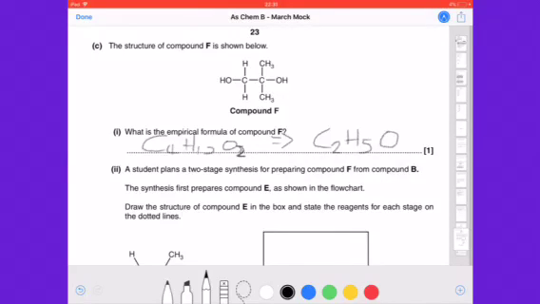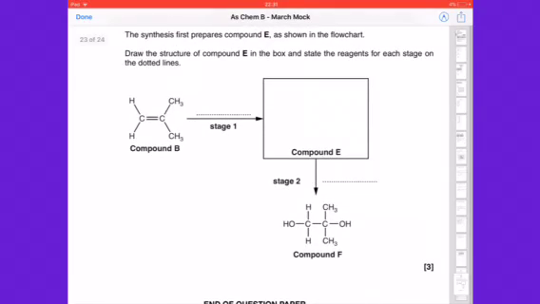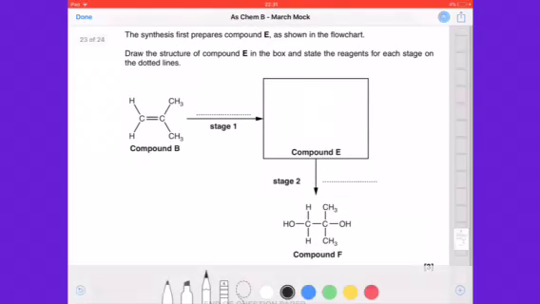And last question. To convert your compound B through stage 1, to get all the way to your alcohol, you should be using bromine. So Br2. The reason you have to use bromine is because that adds the bromine onto both sides of the molecule.